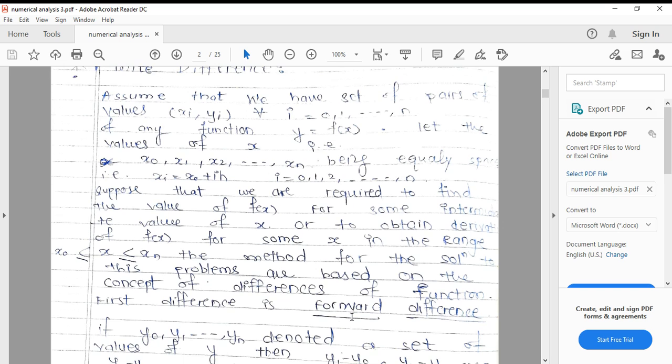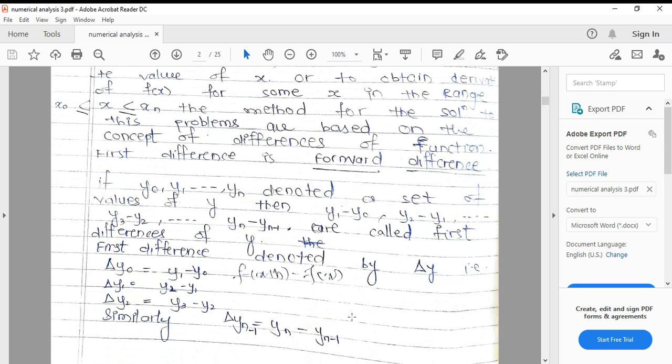The first is called the forward difference and the other is called the backward difference. First we will study the forward difference interpolation formula. So what is a forward difference? If you see here, we are provided with y naught, y1 up to yn. If I want to find the difference between y1 and y0, that is the next value minus the previous value, then y2 minus y1 and so on.